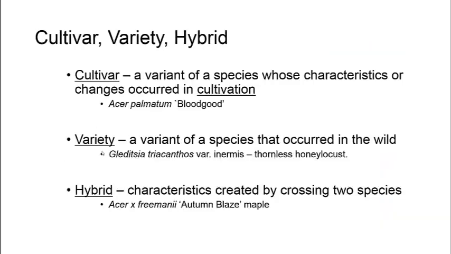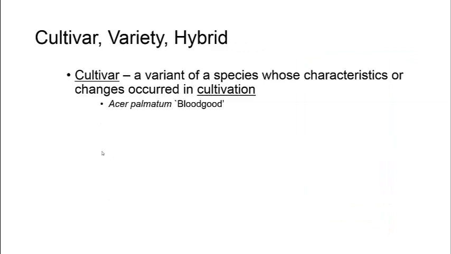I want to go back for a minute and look at this name, Acer palmatum 'Bloodgood', and talk briefly about how these names are supposed to be written. The genus name, the generic name, in this case Acer, is always capitalized and always in italics. The species name, palmatum, is always lowercase and always in italics. It can be underlined if handwritten.